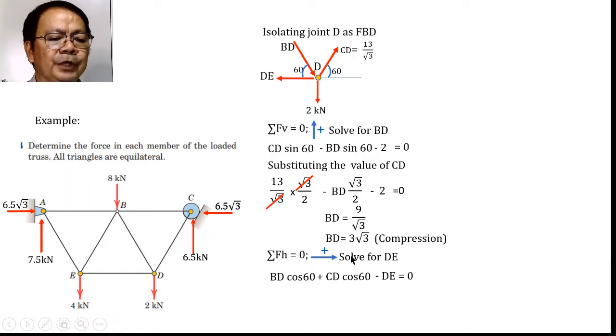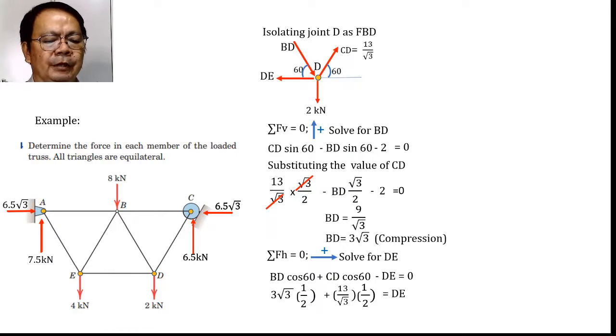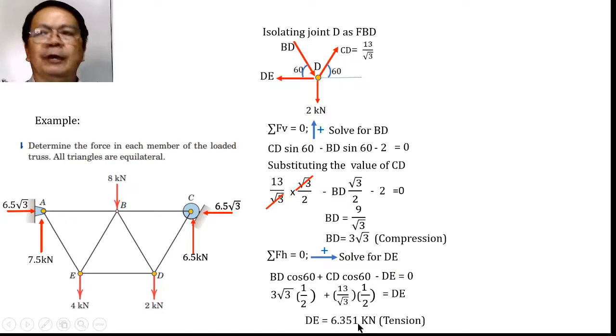BD is computed to be 3 times the square root of 3 times 0.5 plus CD, which is the square root of 13 over the square root of 3. It's already computed here, ano? Multiplied by 0.5 minus DE shall be equal to 0. Therefore, DE will be 6.351 in tension. So, nasolve na rin natin itong part nito.